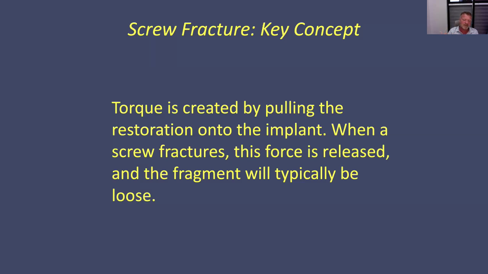But when that screw fragment fractures, you don't have torque anymore. So now that fragment's not under any opposing force, it's just sitting in the implant. And I've probably removed 15 or 20 of these, that fragment is typically going to be really loose.